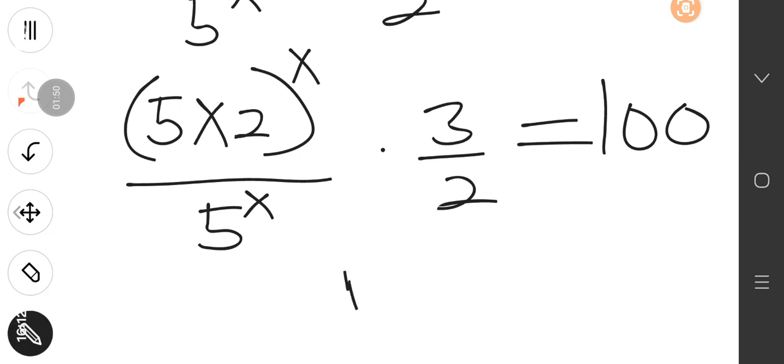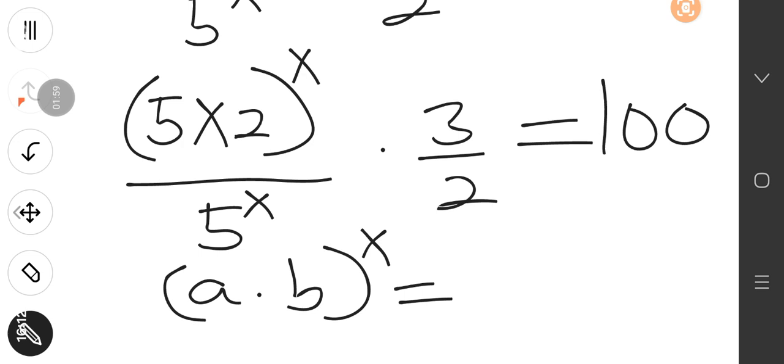If you have a times b all in a bracket exponent x, this will give us a exponent x multiplying b exponent x. Let's apply this concept here.